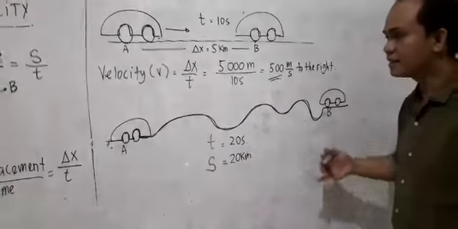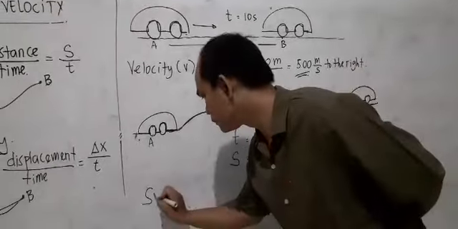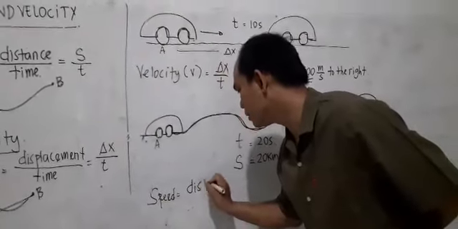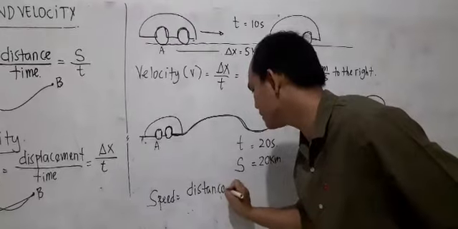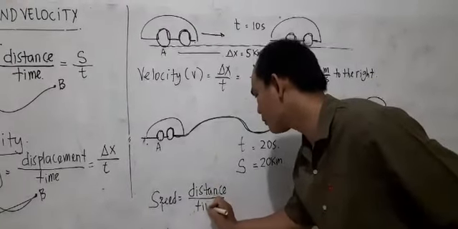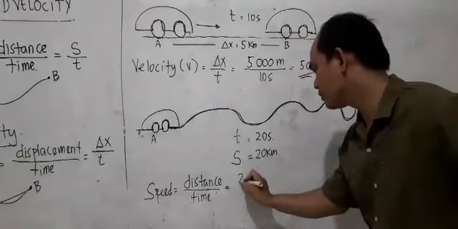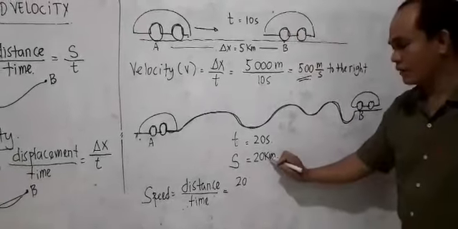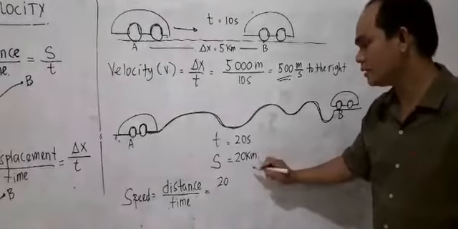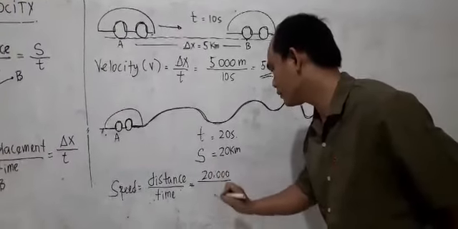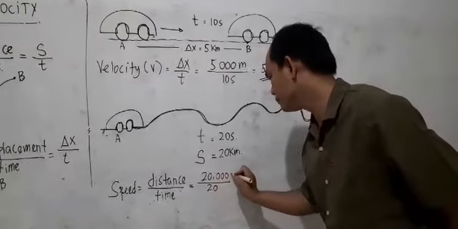So what is the speed? Remember, speed is distance divided by time. The distance is 20 kilometers, and remember, we should convert kilometers to meters. It becomes 20,000 divided by 20 seconds.